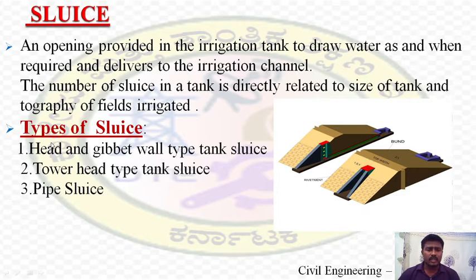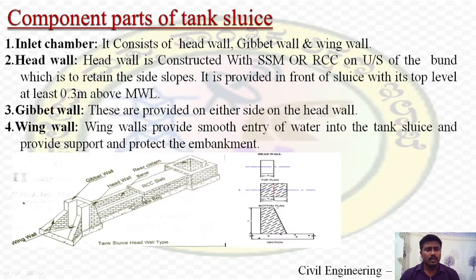There are three types of sluice: head and gibbet wall type tank sluice, tower head type tank sluice, and pipe sluice. There are various component parts in a tank sluice.